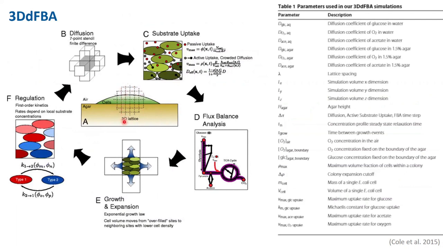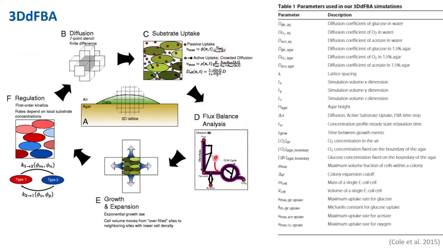Each lattice site can be medium, like an agar plate, it can be occupied by cells, or it can contain air or oxygen. Diffusion works like this: 7 neighboring cells can affect the focal cell. And of course, you have passive and active uptake of different nutrients and substrates.